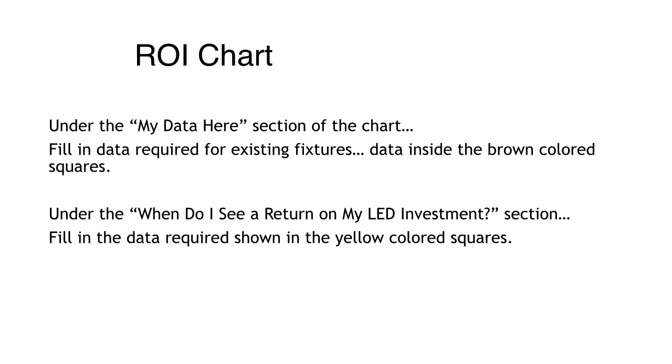Under the When do I receive or when do I see a return on my LED investment section, fill in the data required shown in the yellow colored squares. We're going to go over a couple of these in just a few minutes.